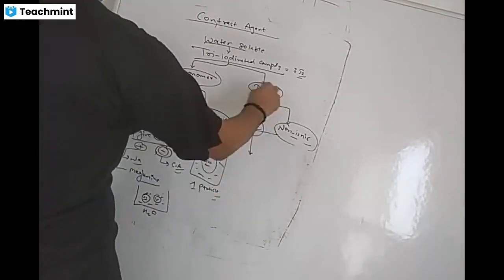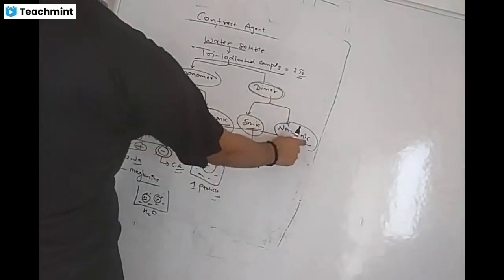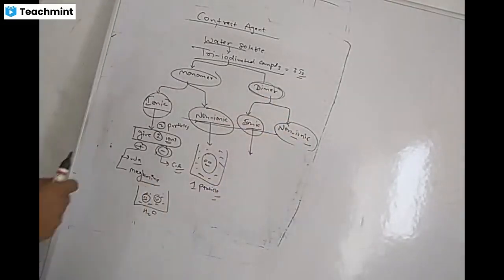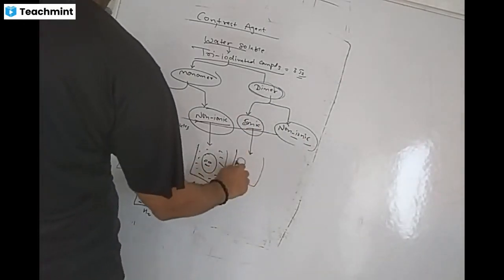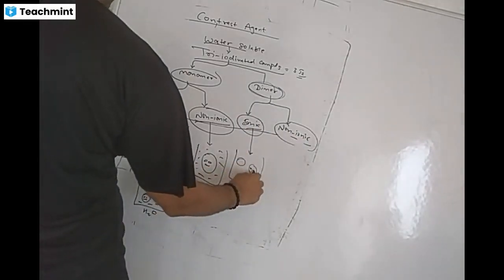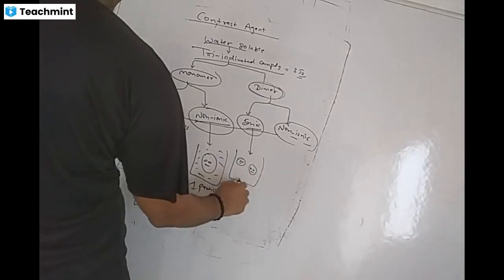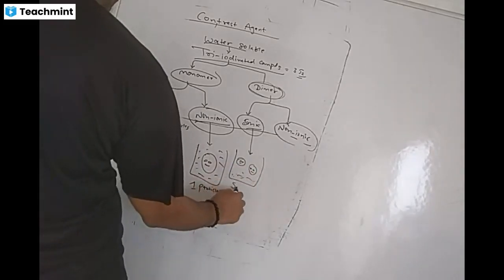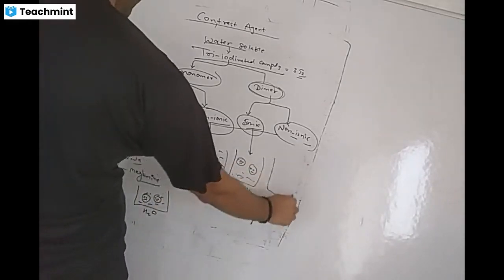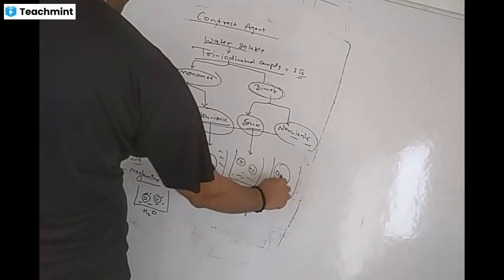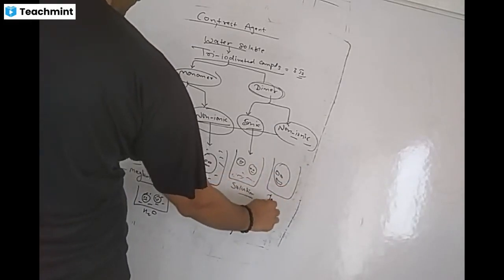Again, dimers are ionic and non-ionic. Ionic ones will give two particles in the solution. And non-ionic will give one particle.